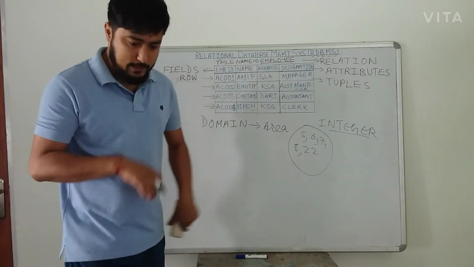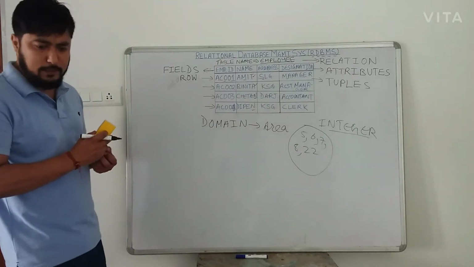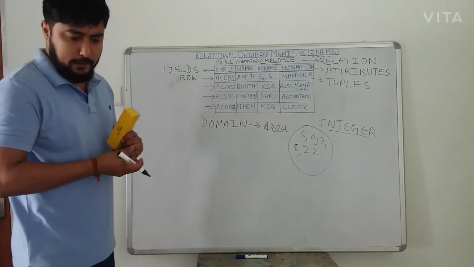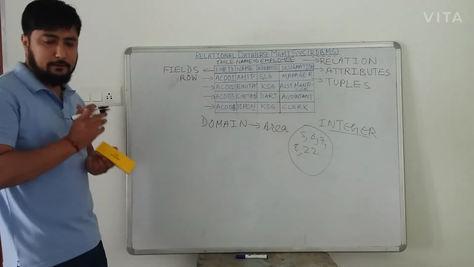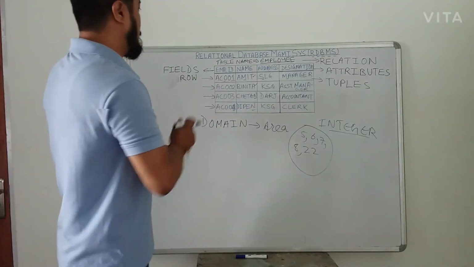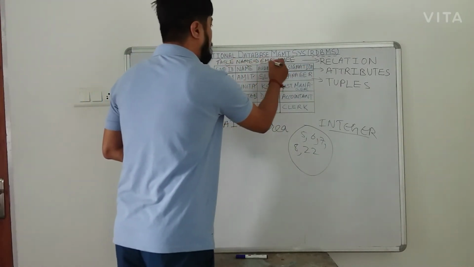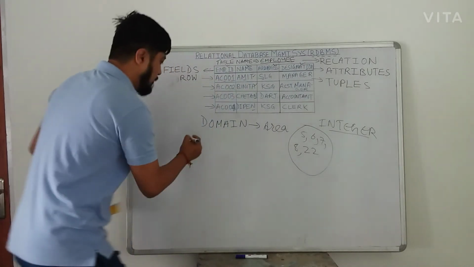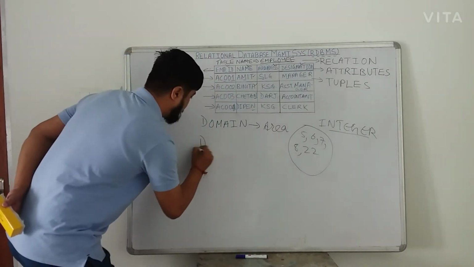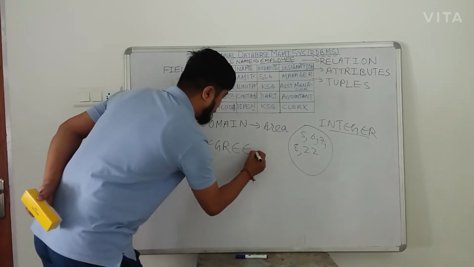Next is degree. So what is degree? The number of attributes in a relation is called degree. So how many attributes are there? 1, 2, 3, 4.